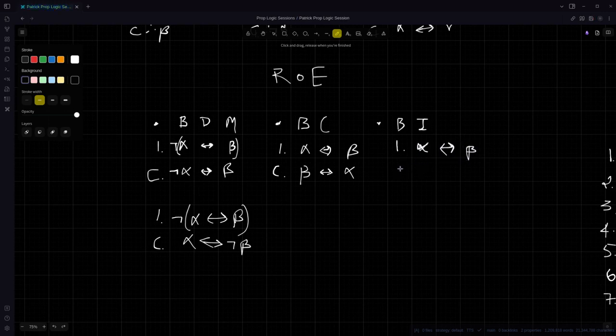What will be the contrapositive of alpha implies beta? It would be not beta implies not alpha. Correct. So inversion is just contrapositive and commutation.